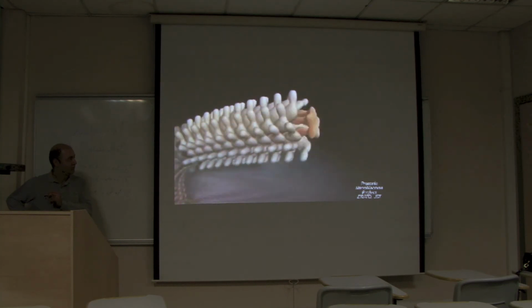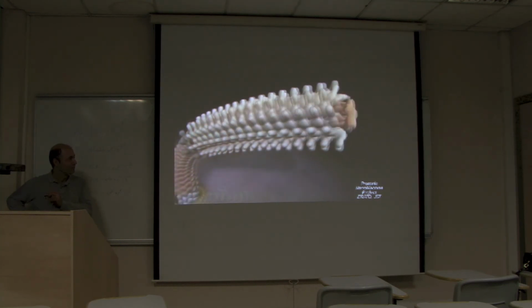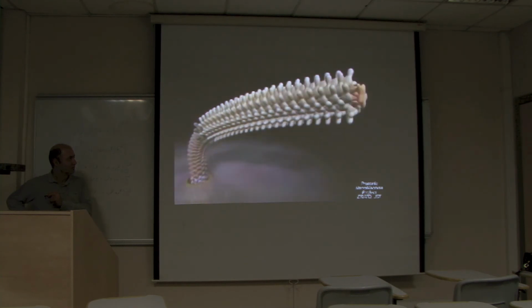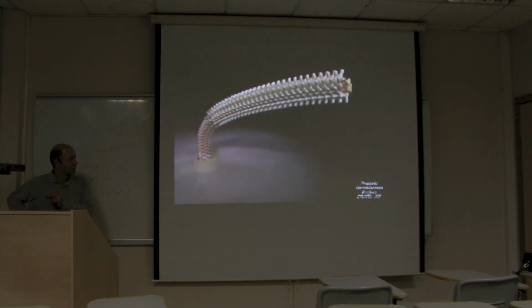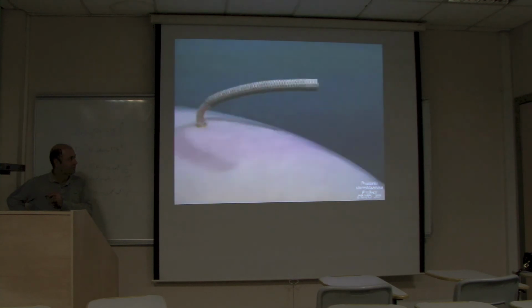The cap rotates, which causes the subunits to build in a helical fashion. A complete filament can consist of 20,000 to 30,000 subunits.